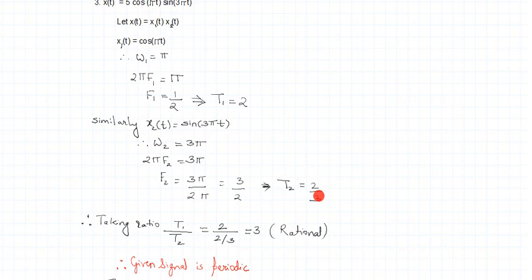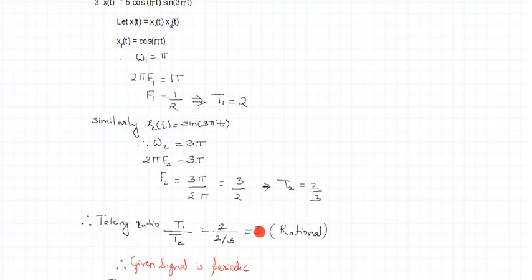So we have now T1 and T2 available. We'll follow step number 3, in which we need to calculate the ratio. So we'll now take the ratio of T1 by T2. If we substitute T1 and T2, we get the ratio to be 3. So is the ratio rational? Yes.